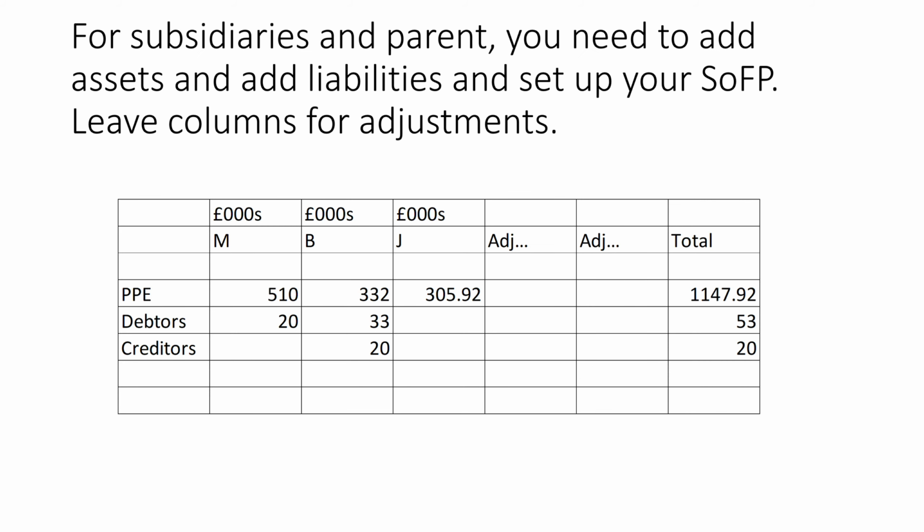Now, for the subsidiaries and the parent, I just want to explain that an easy way of getting marks is adding the assets and liabilities. So for group, you add all the assets and add the liabilities, and you need to make sure you leave columns for adjustments. Okay.